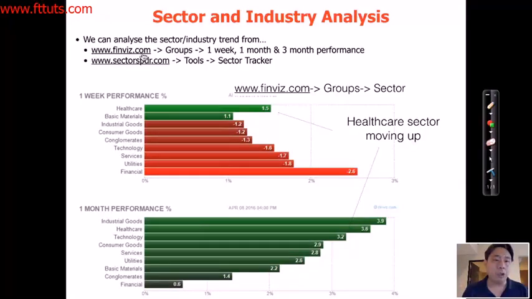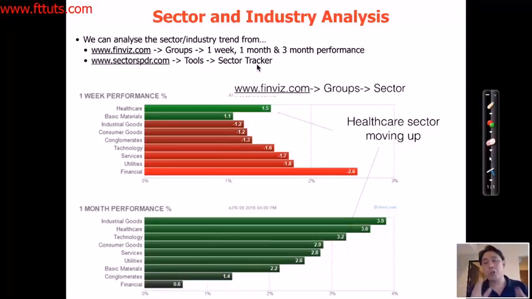At finviz.com, you can select the tab Groups, and under Groups, you can look at sectors or industries, and compare their performance on a 1 week, 1 month, 3 months, 6 months time frame. Okay? And you can also go to Sector SPDR, go to Tools, and use the Sector Tracker.